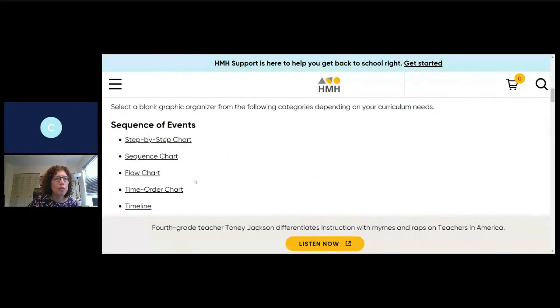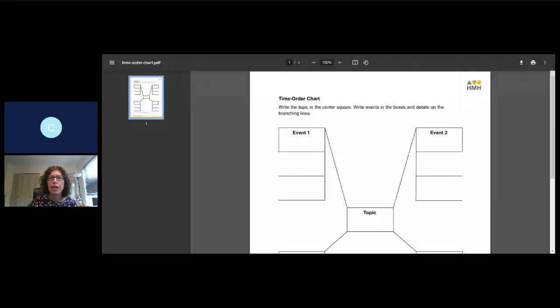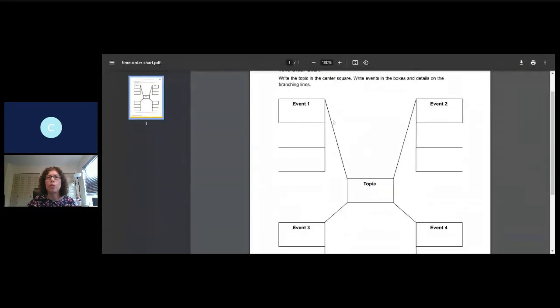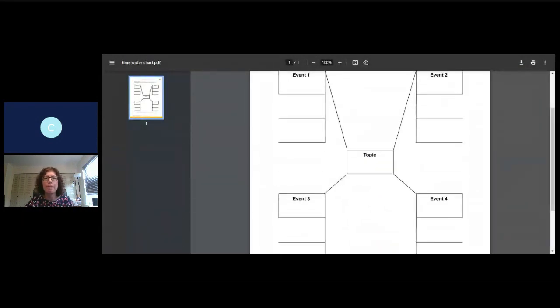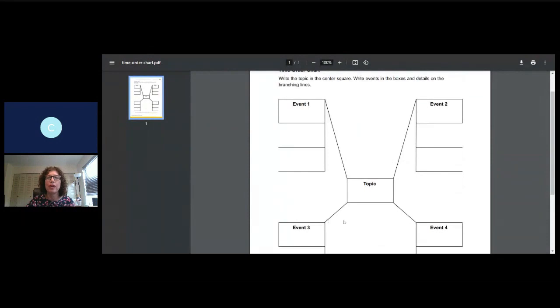Let's take a look at a time order chart just as an example. Here's our basic topic, and here are the events that happened around that topic. So my first pet, event 1, event 2, event 3, event 4.